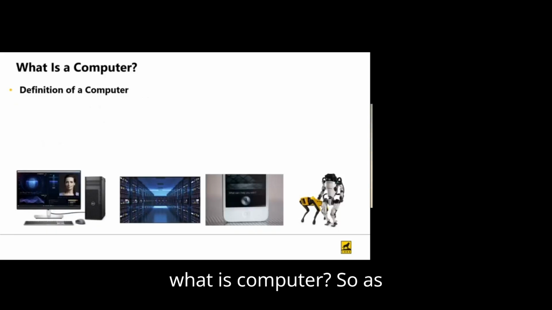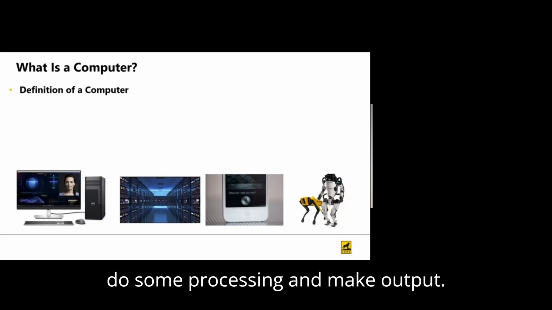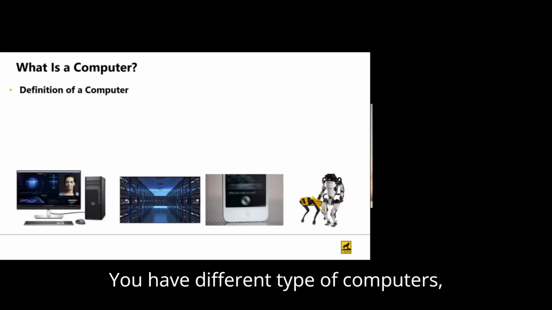So what is a computer? As you all know, a computer is an electrical device that accepts some input as a program, as instructions, and does some processing and makes output. You have different types of computers.